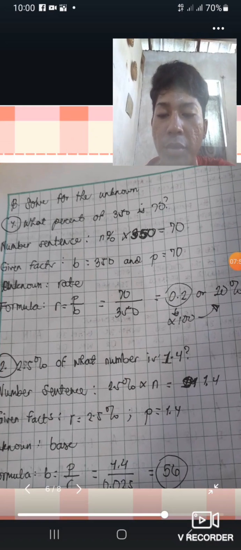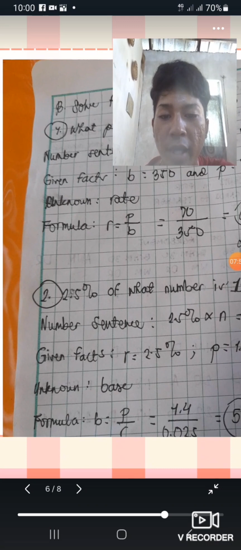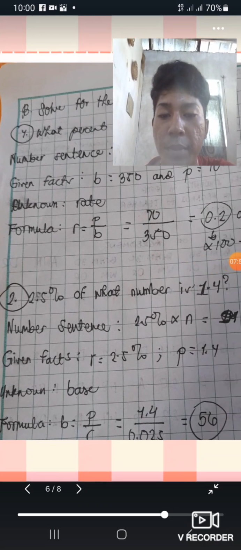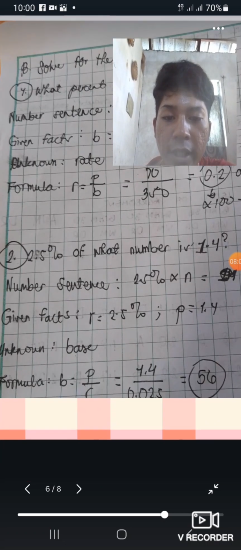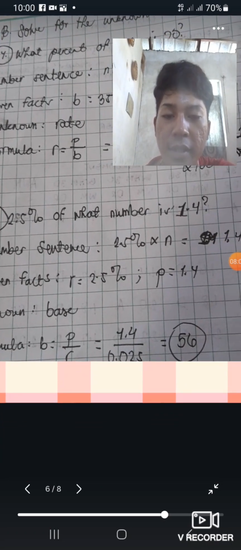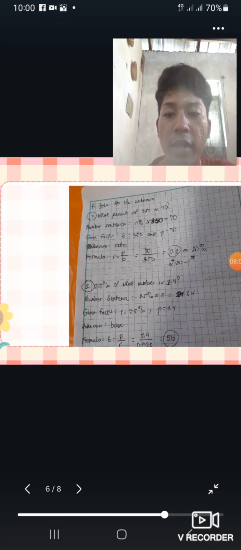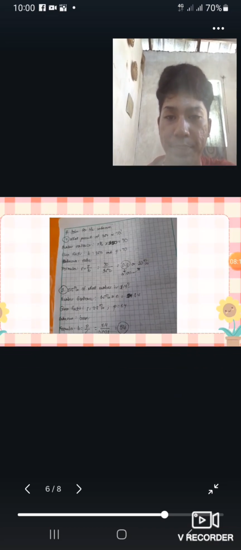The unknown is the base, so we will solve for the base. We have the formula: base equals percentage over rate. So we have 1.4 divided by 0.025, which equals 56. So the base is 56.